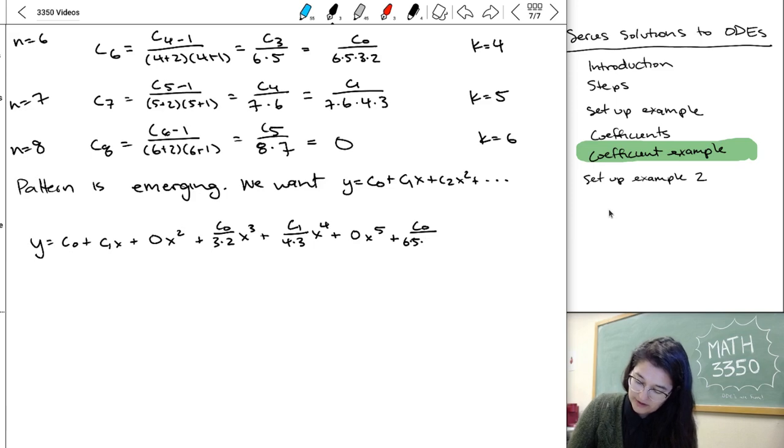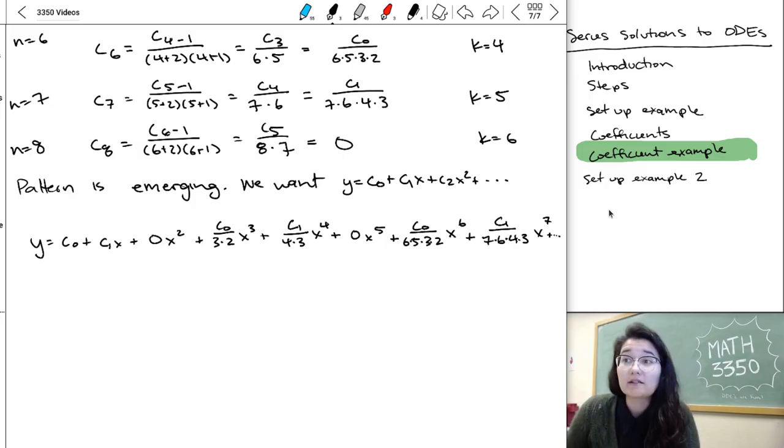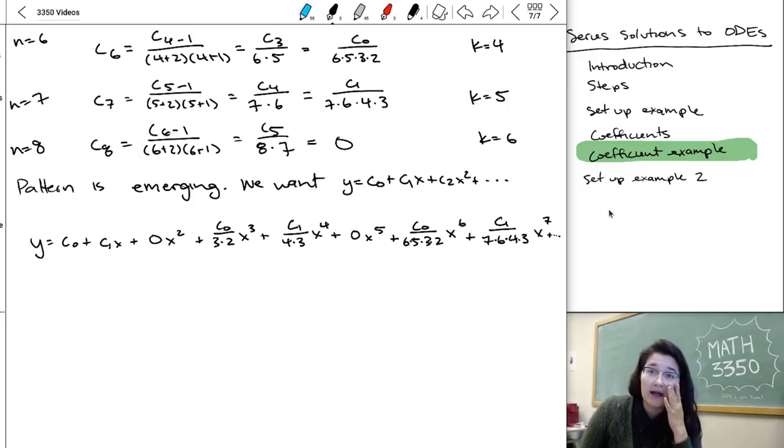Skip 4, do 3 times 2, x to 6. I think I can fit one more. C1 comes next, and then that does 7 times 6, skip 5, 4 times 3, x to 7, so on and so forth. X to 8 term is 0, and next I would have x to 9, which would take me back to depending on C0.